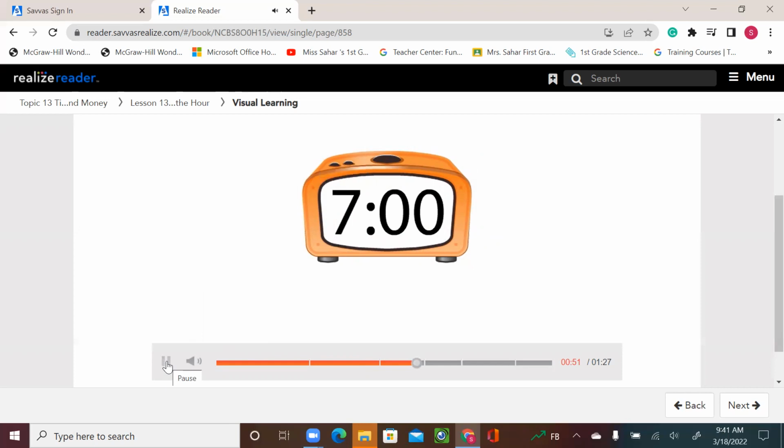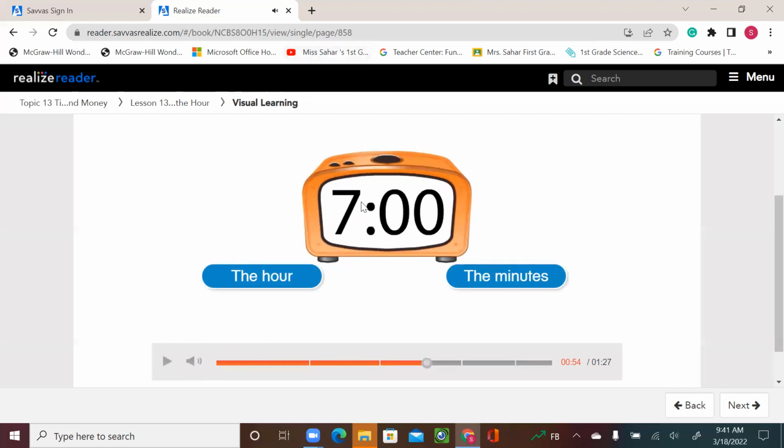What does the number before the two dots tell? Select your answer. So the number before these two dots tells the hour. What do the numbers after the two dots tell?